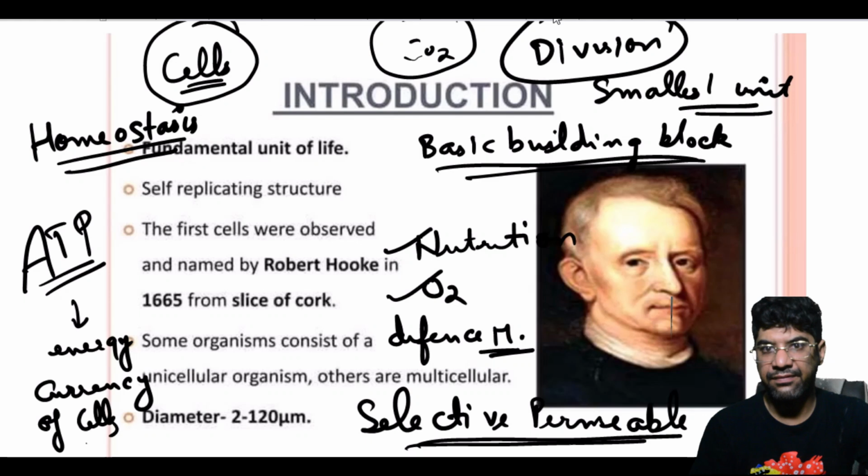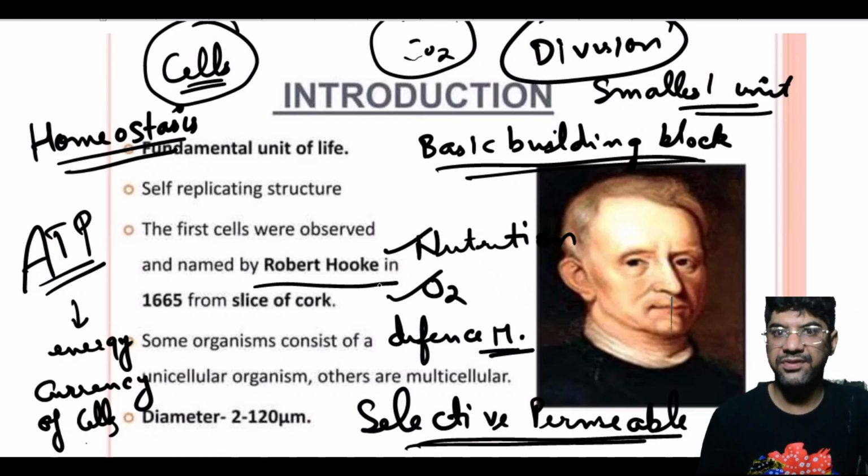The cell is a fundamental unit of life. The cell is not just a structural unit but also a functional unit. It is the smallest component that can replicate itself independently. That is what makes life possible.